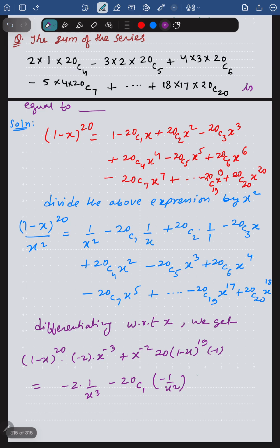This will give you 0 because constant differentiation is 0. This will give you minus 20c3 into 1.